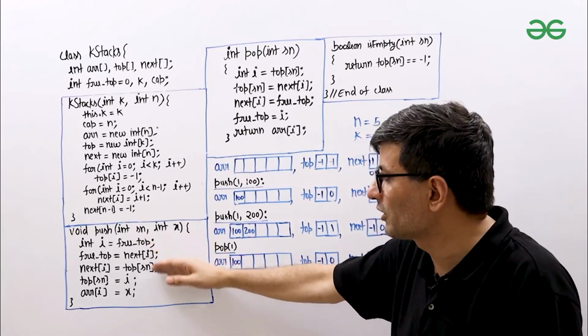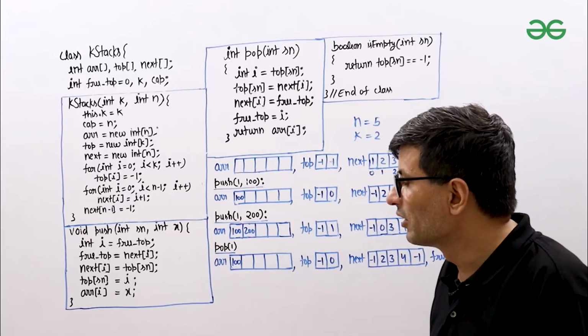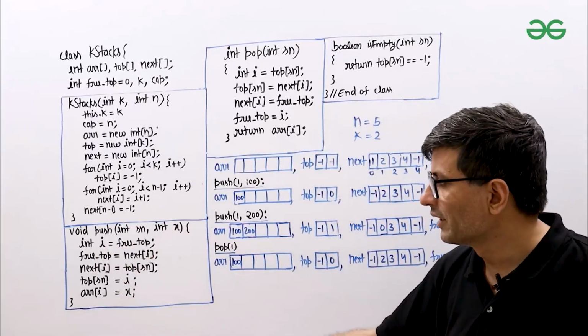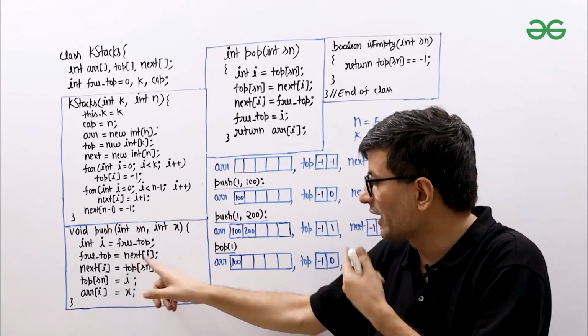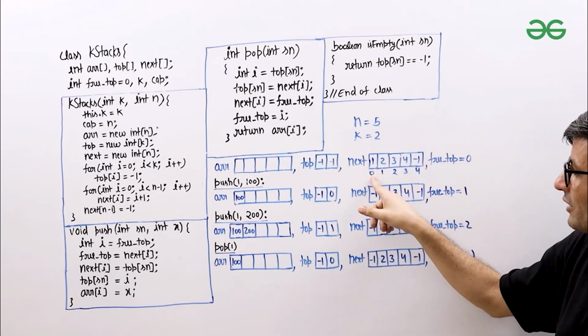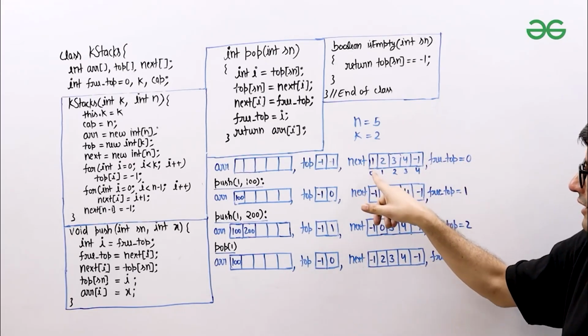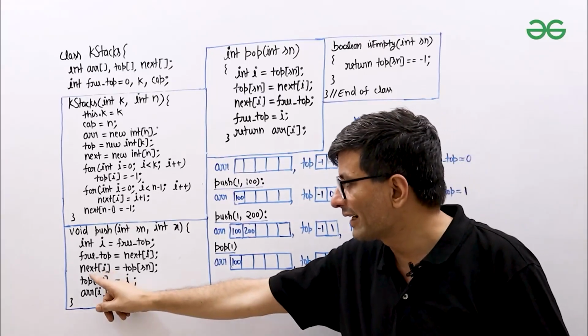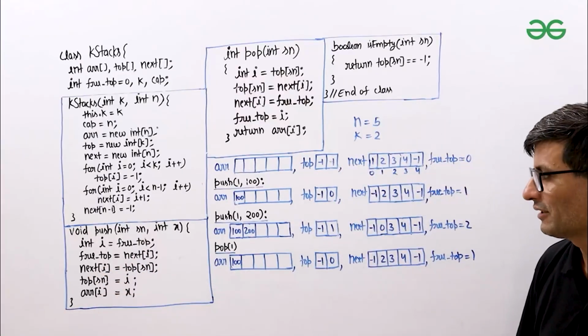And the sequence of these operations is very, very important. We first get hold of the current free top before we update the free top. Then we update the free top as next of I, right? We updated it from 0 to 1. We went to this array and used this as an index and got the value 1, so we updated free top. Then we get the next of I as top of Sn.